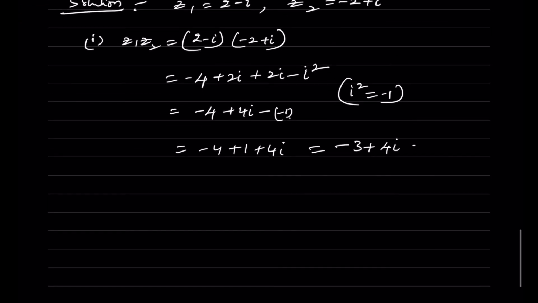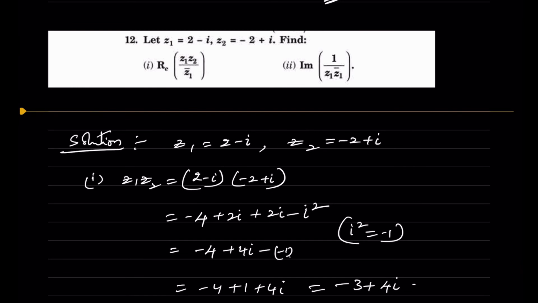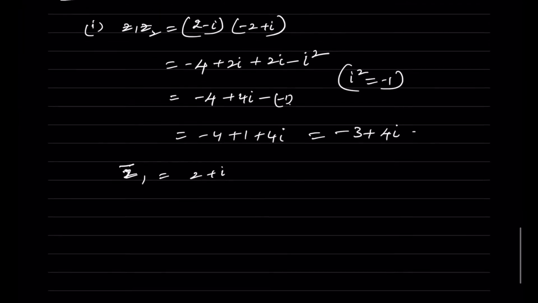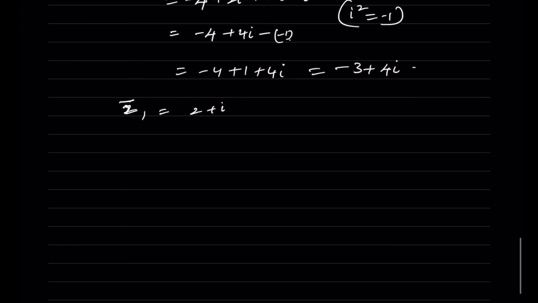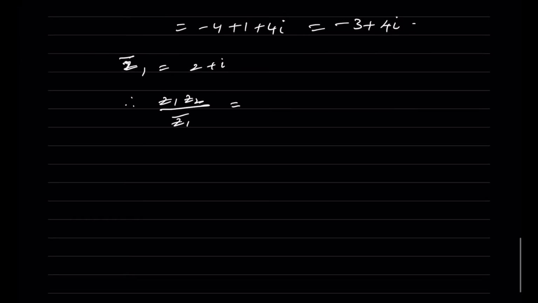We got this. Now z1 is equal to 2 - i, and you have to find in the next one what z1 bar is also. So here z1 is equal to 2 - i, which means z1 bar, the rationalizing factor, becomes plus in between. So therefore z1 z2 by z1 bar is equal to -3 + 4i divided by 2 + i.